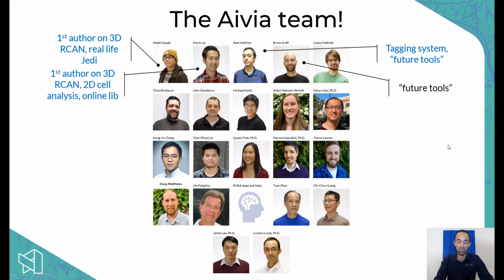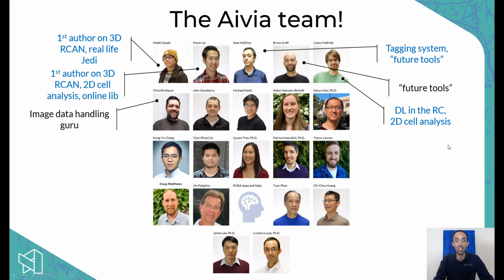has been very busy and of course helped a lot in this release as well, helped the rest of the team. Casey not only developed a lot of the implementations for deploying the deep learning models in the recipe console, but also worked on the 2D cell analysis.